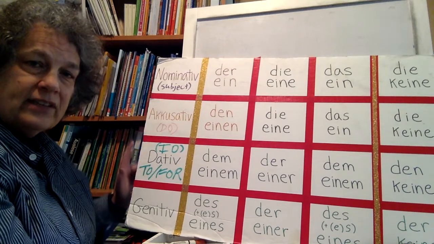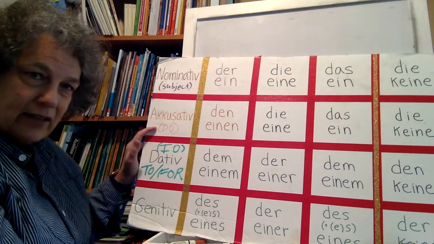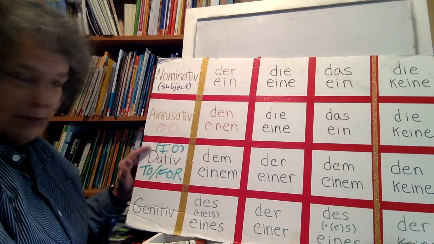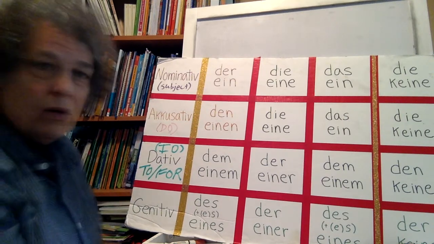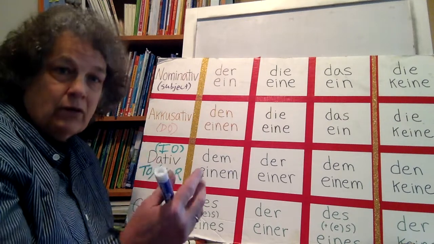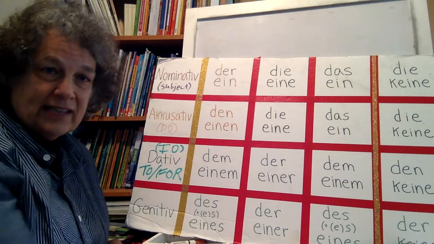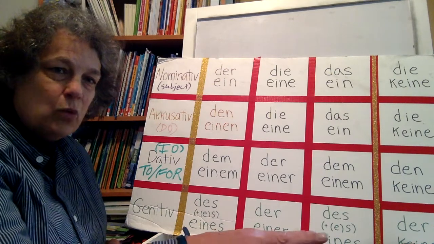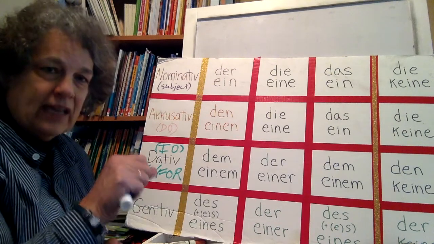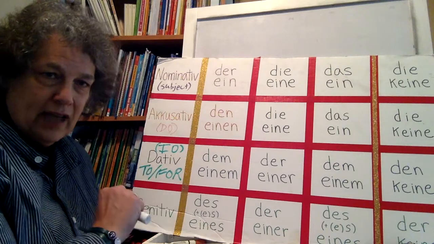Now, the difference between the direct object and the indirect object is this little 2 or 4. If you can put a 2 or a 4 in front of a noun or a person or whatever in the sentence, it's going to be the indirect object. It's not exactly what is happening. It's 2 or 4 what is happening.